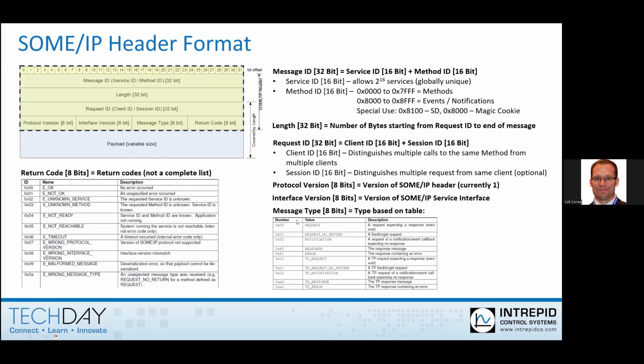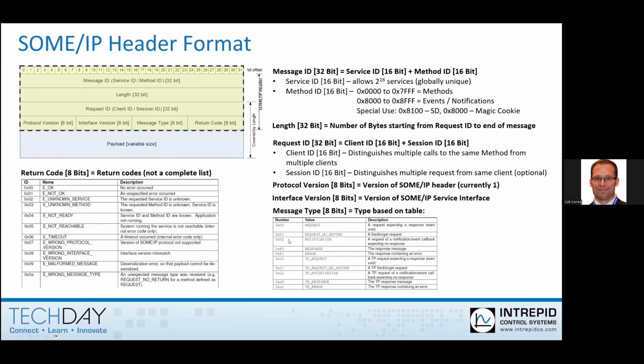So message type is this table here. It could be a request. It could be a request that's not expecting a result, request no return. Could be a notification. This is our event notifications. Could be a response to a request, or it could be an error. So really, the types of messages that we have are a small number.